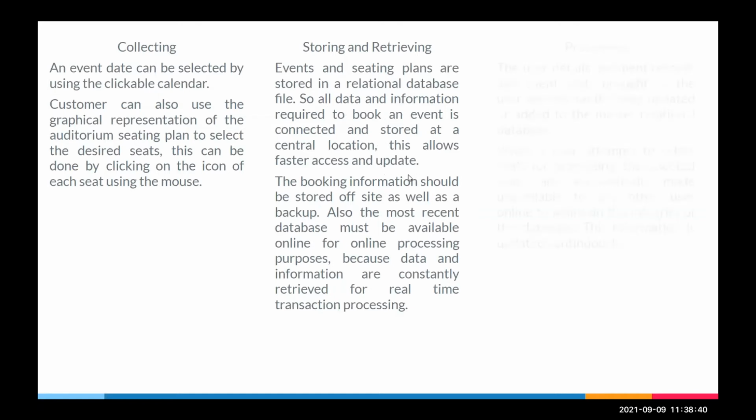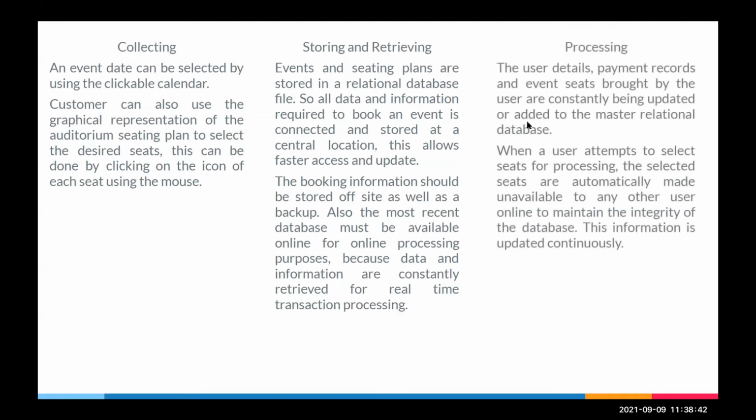Keep going. Processing. The user details, payment records, and event seats bought by the user are constantly being updated or added to the master relational database. So I'm saying update and adding.